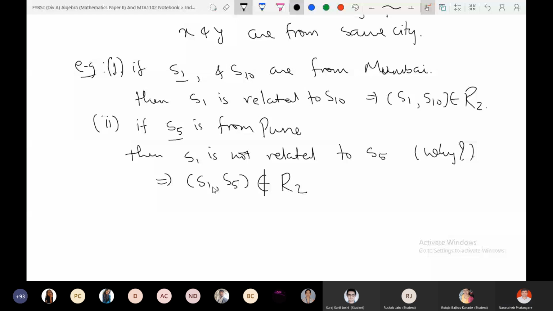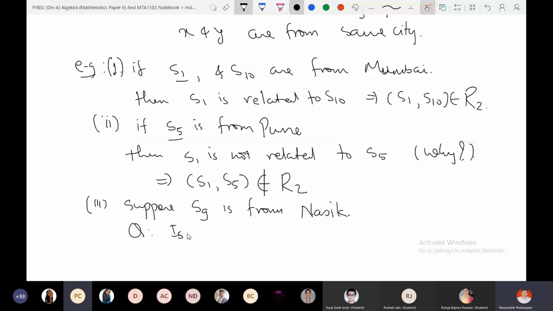So suppose S9 is from Nasik. Now the question is, does the pair S1 S9 belong to R2? No. Because S1 comma S9 is in R2 only if S1 and S9 are related.